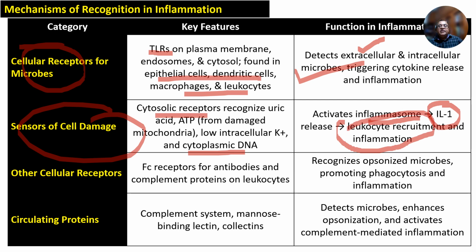Then there are Fc receptors for antibodies and complement proteins present on leukocytes, which recognize opsonized microbes and promote phagocytosis and also inflammation. Then there are circulating proteins such as complement, mannose binding lectins and collectins that detect microbes, enhance opsonization, and activate complement mediated inflammation.